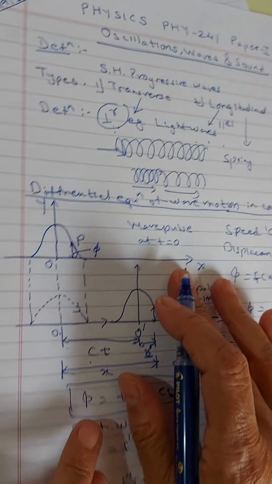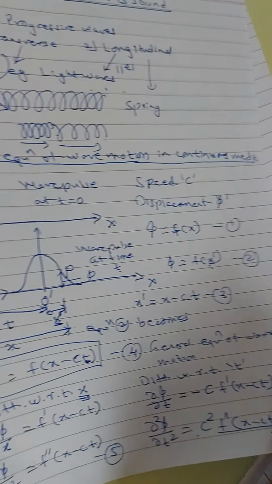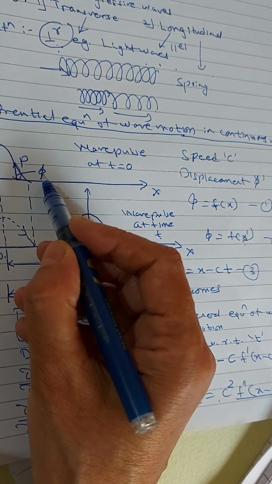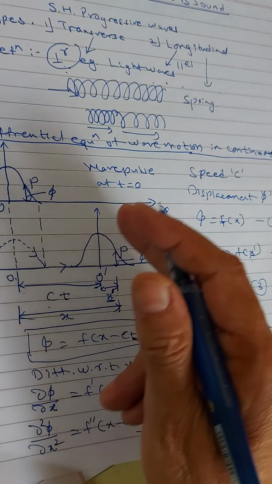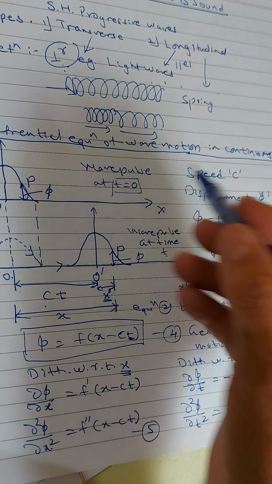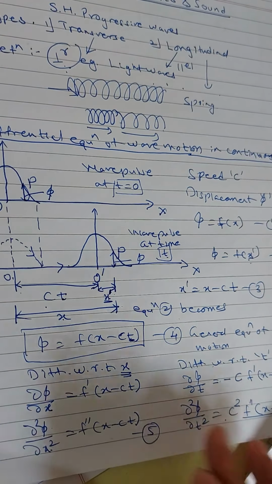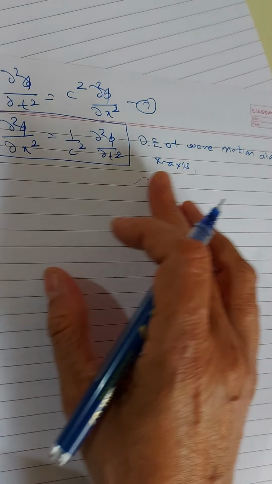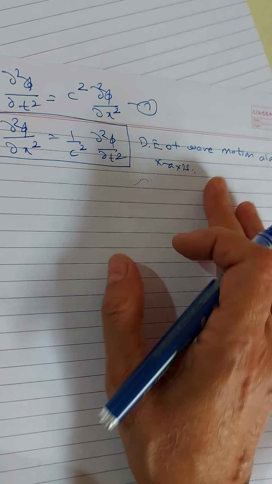Very simple but important, because by only taking the displacement to be phi and observing how the wave pulse moves at time t is equal to 0 and at time t, we could solve this and reach the differential equation of the wave motion along the x-axis.